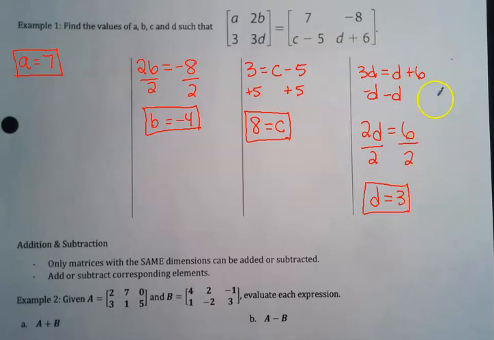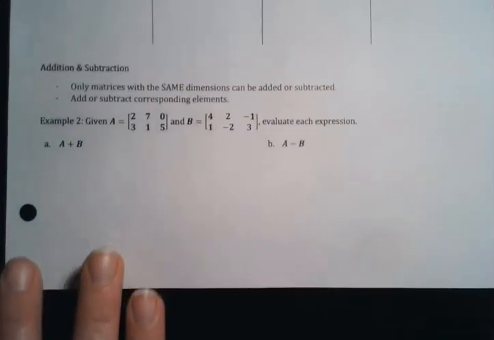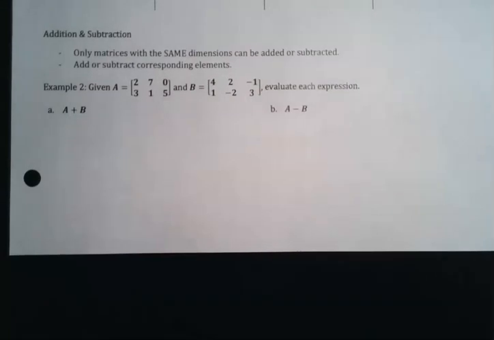All right, then let's move on down to addition and subtraction. Only matrices with the same dimensions can be added or subtracted, okay, because we add or subtract corresponding elements.